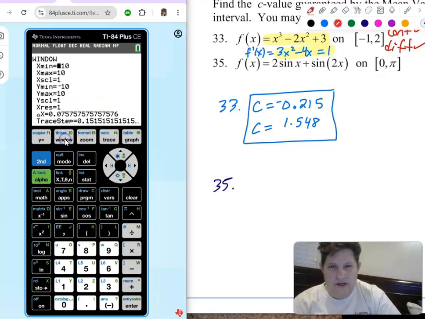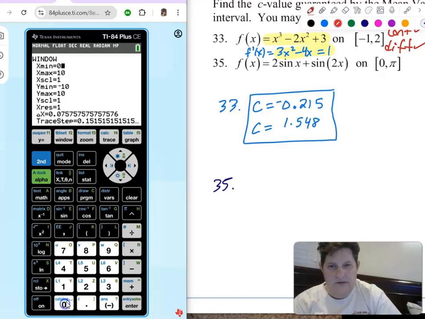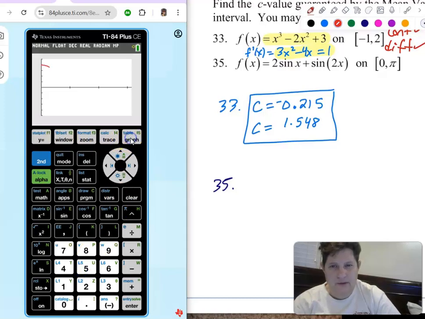Okay, now if you want to change your window, well, first of all, I can go like negative 5 to 5 on the y-axis, but I can go 0 to pi. Then I'll only see what's in my interval. That was under window. And then let's go back here. Looks like there's one, maybe 2 places.